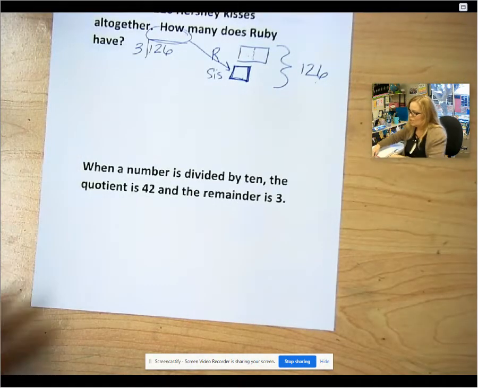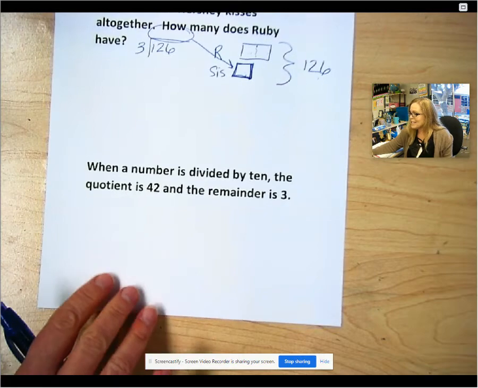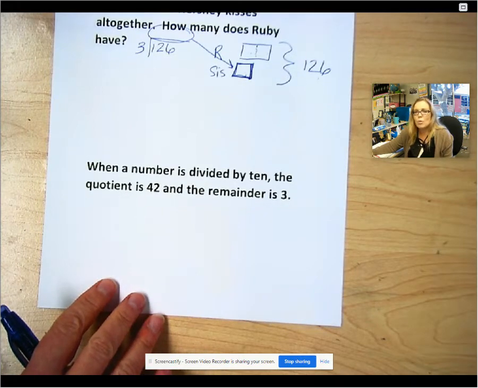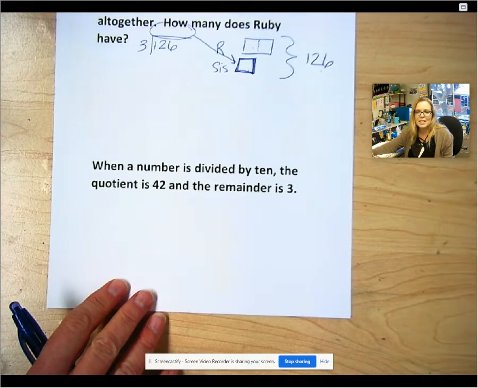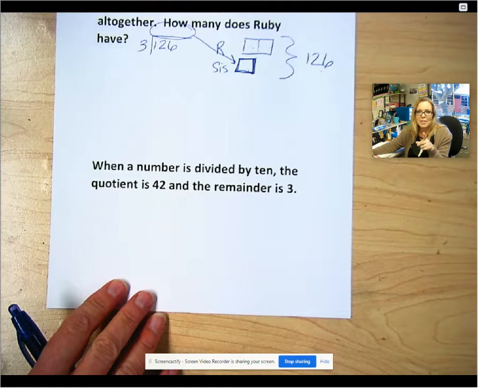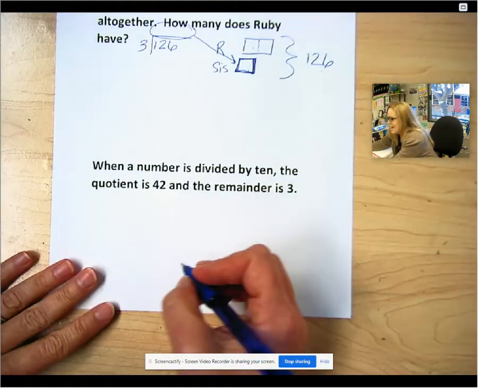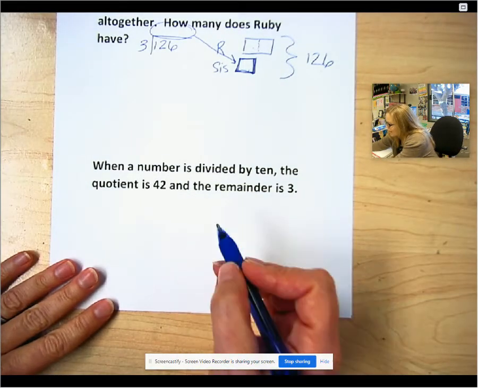Next question. When divided by 10, the quotient is 42 and the remainder is 3. Remember, I've been drilling you with the vocabulary. Why? Because I told you there'd be questions on the test set up around the vocabulary. So let's kind of pick this apart.